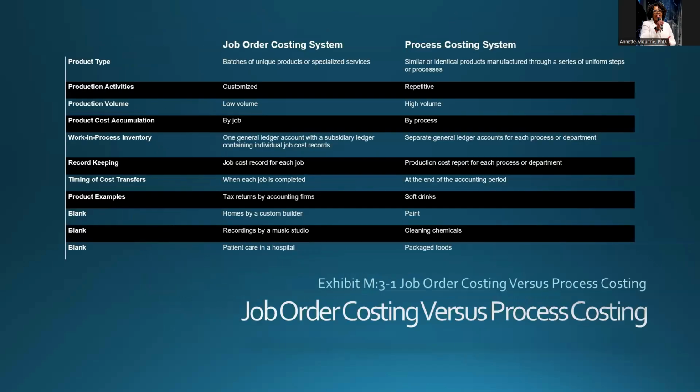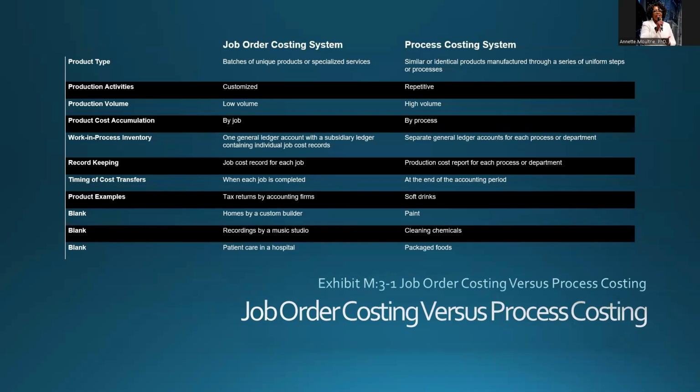Now, both job order and process costing systems track product costs, which are direct materials, direct labor, and manufacturing overhead, through three inventory accounts on the balance sheet.